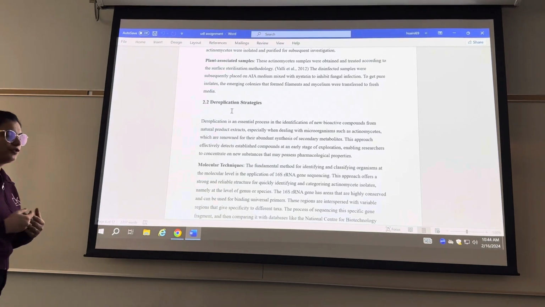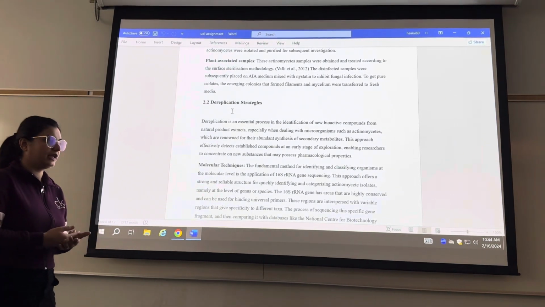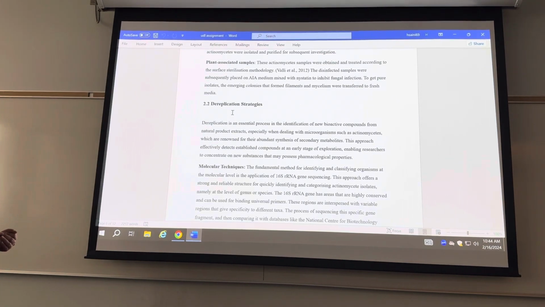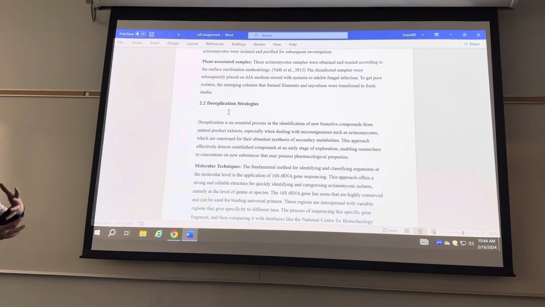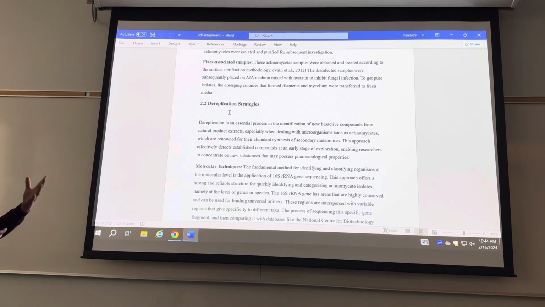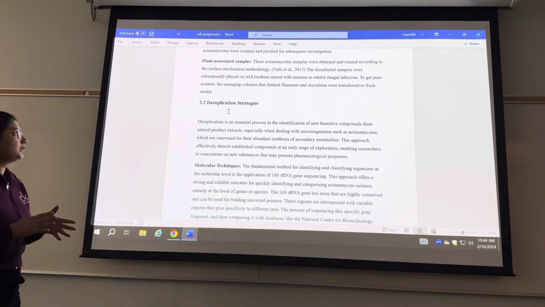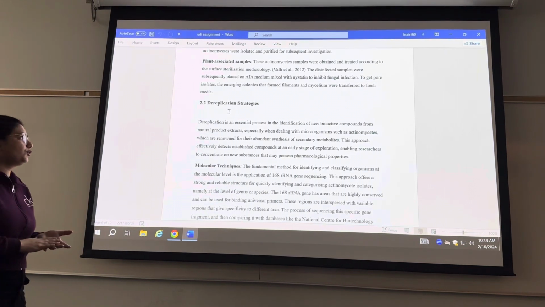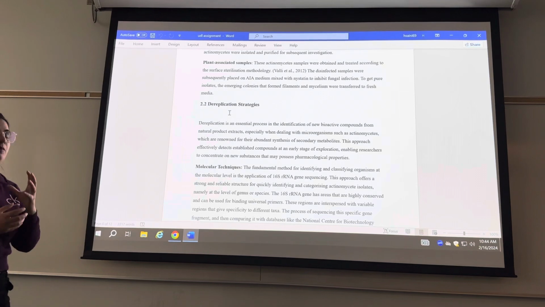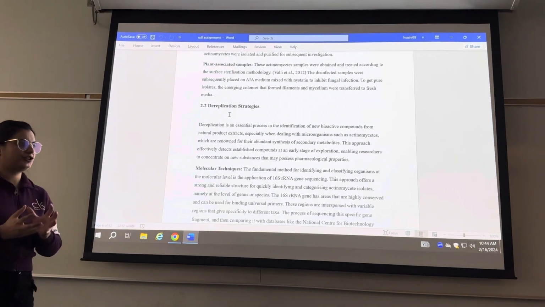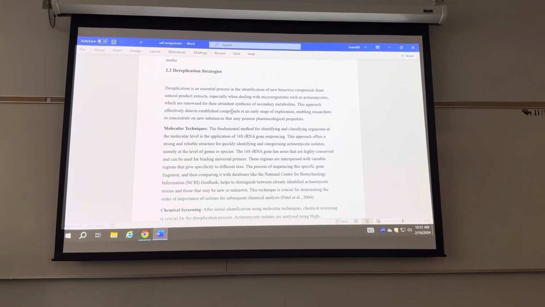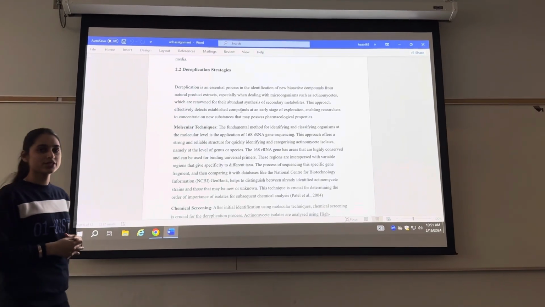Here also we have used antibiotics so that we can avoid fungal growth, because fungus and actinomycete require almost the same temperature and environmental conditions to get pure isolates. The emerging colonies will form filaments and mycelium like the fungus form, and then we will transfer them to fresh media. Now I will continue with dereplication strategies.